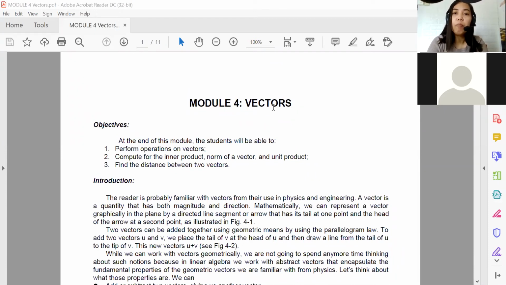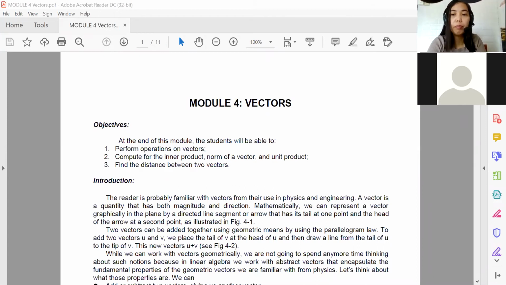So the reader is probably familiar with vectors from their use in physics and engineering. A vector is a quantity that has both magnitude and direction. But mathematically, we can represent a vector graphically in the plane by a directed line segment or arrow that has its tail at one point and the head of the arrow at the second point, which is illustrated in figure 4-1.